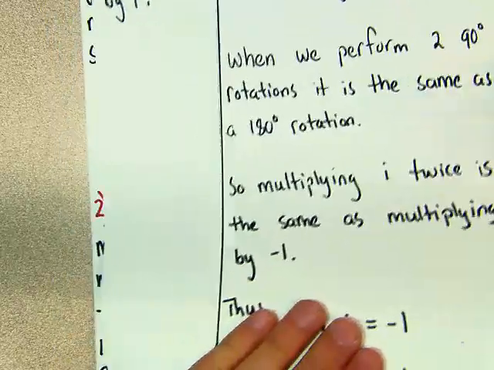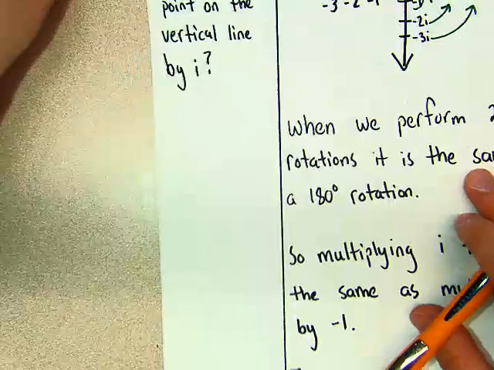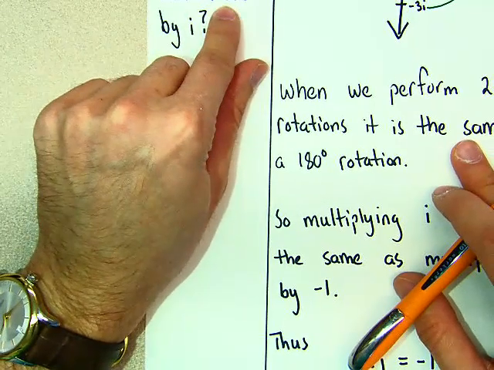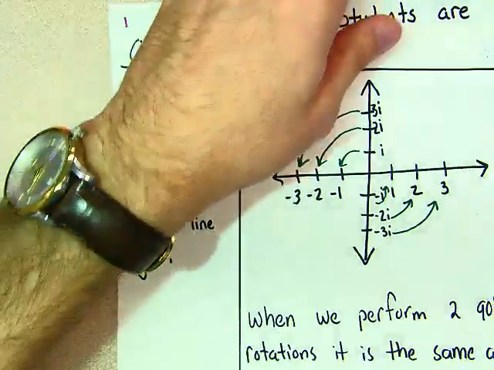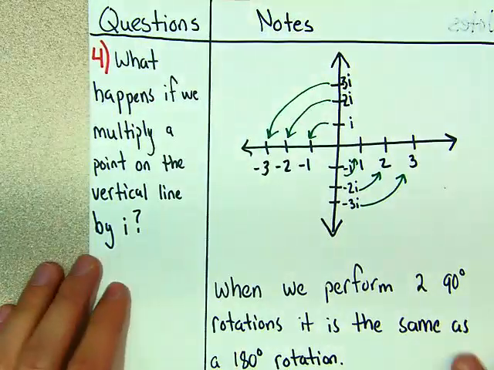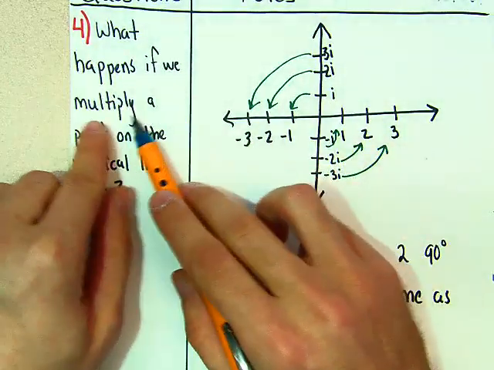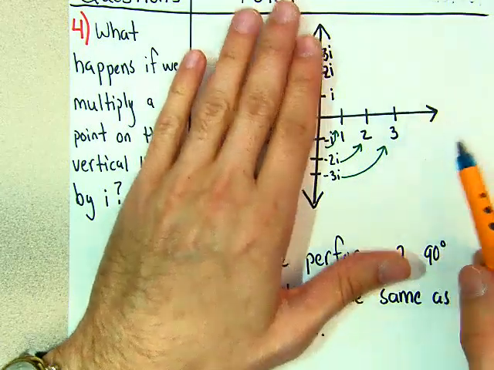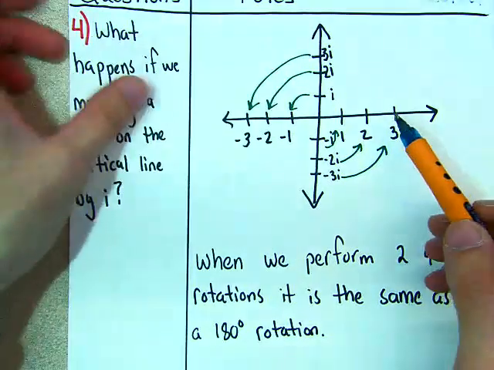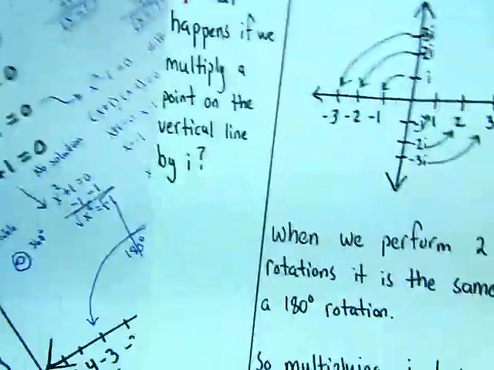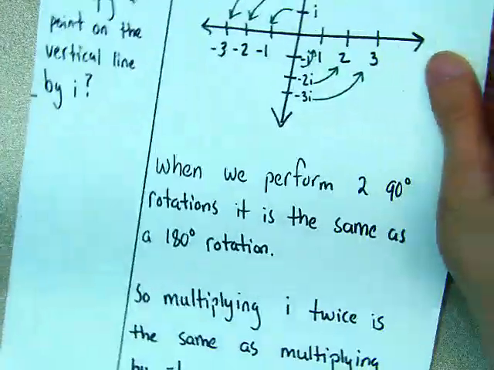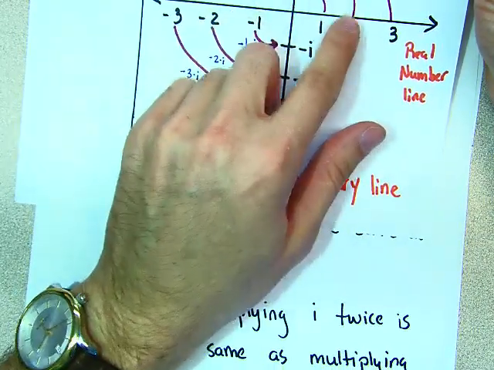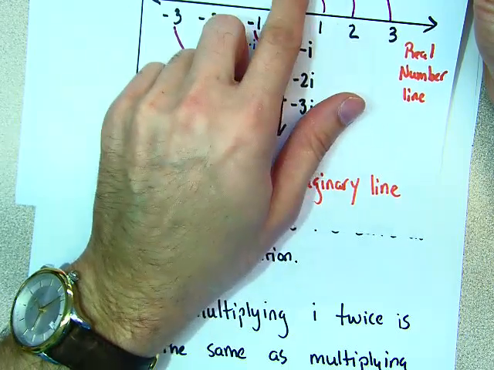It's very short. The next question is, what happens if we multiply a point on the vertical line? Here, if we go 90 degrees, we multiply by i.